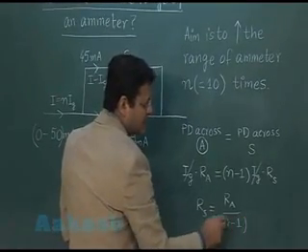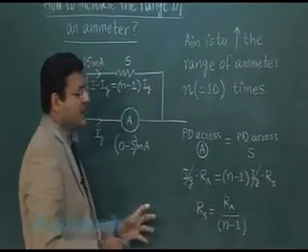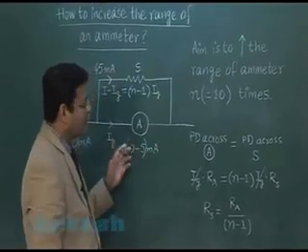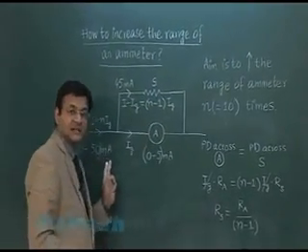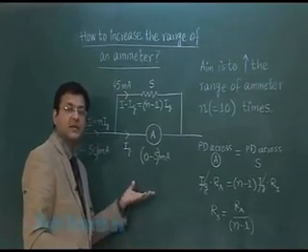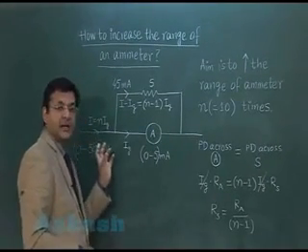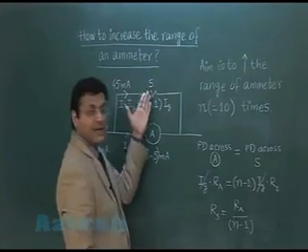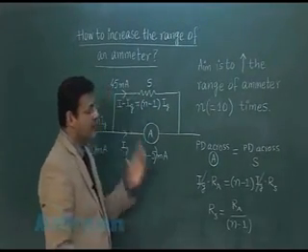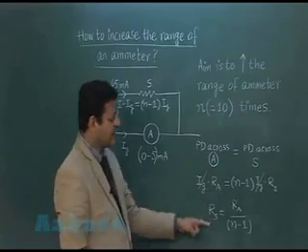What is the meaning of this? इसका मीनिंग ये है कि अगर आप एक एमीटर की रेंज n टाइम्स इंक्रीज करना चाहते हैं, n टाइम्स इंक्रीज करने का मतलब n टाइम्स करंट की शोइंग ये अगर करे, तो आपको पैरेलल में, एमीटर के पैरेलल में एक रेजिस्टेंस कनेक्ट करना होगा.